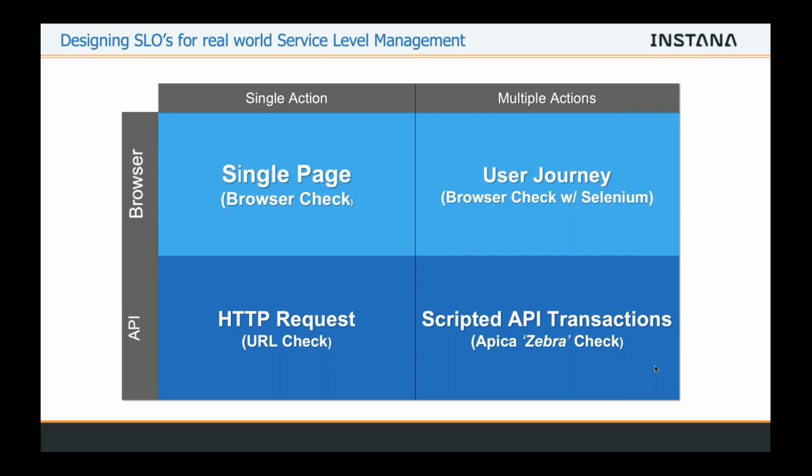So I would use something maybe like a browser check with Selenium, or a scripted API transaction using Apica Zebra Tester or something like that. But let's say that I'm seeing a significant slowdown in my DB queries, and maybe I'm getting all sorts of alerts because I'm over 3.5 standard deviations above the expected mean for those DB transactions.